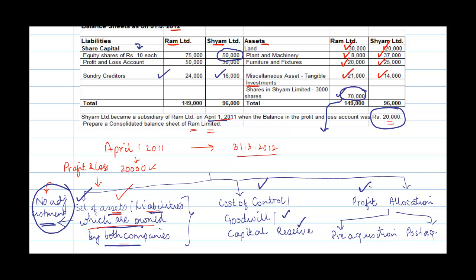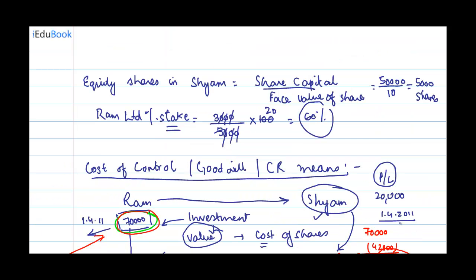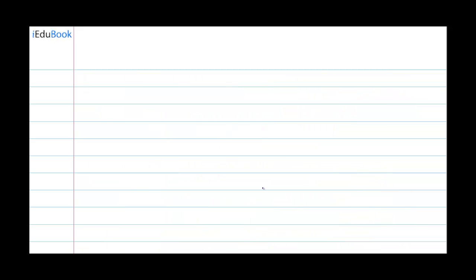The next one, profit allocation. Now we've got a particular profit number which is 20,000. So let's understand the profit allocation. This normally is known as analysis of profit. Now what does this mean?